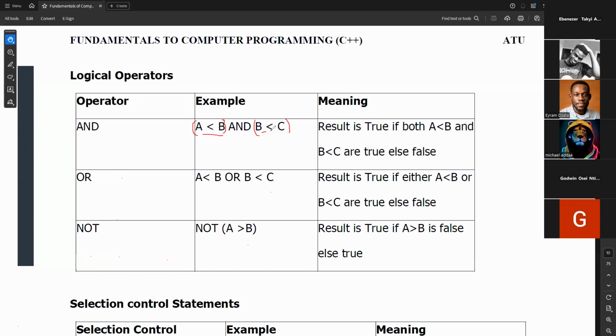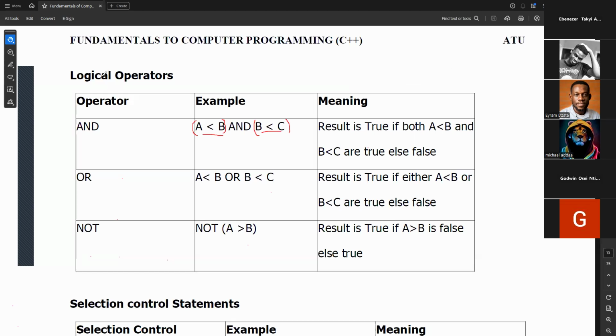And then on this side, we have B is less than C, also an expression using a relational operator. So the logical operators are used to combine expressions with 2 or more relational operators.